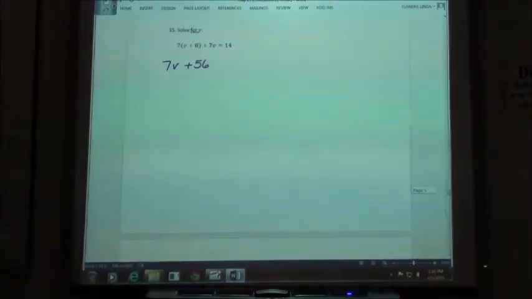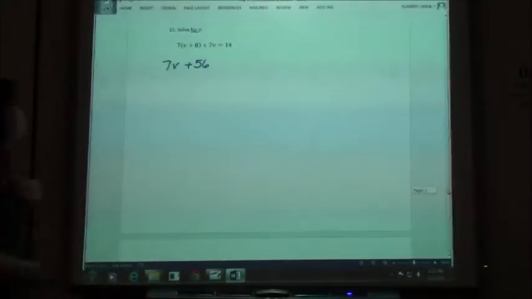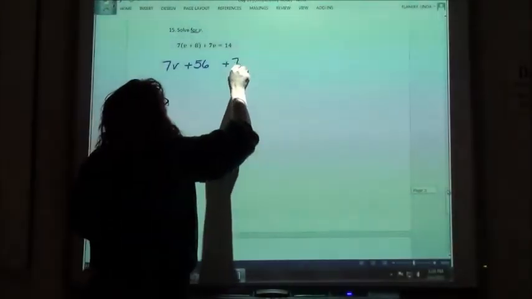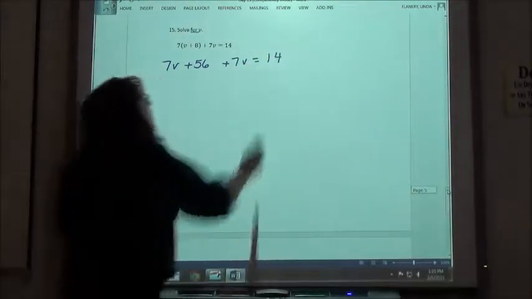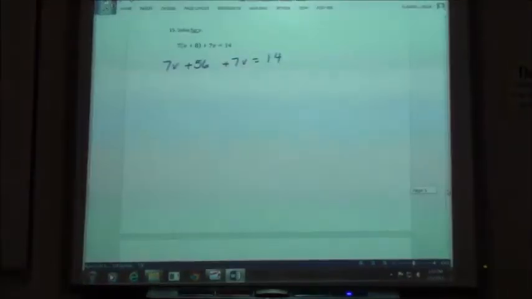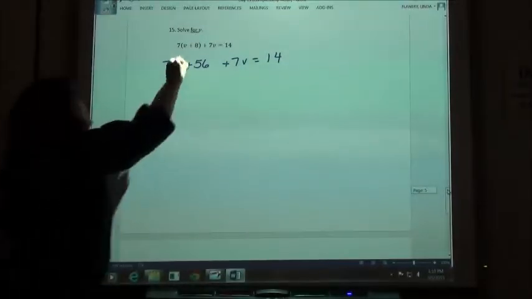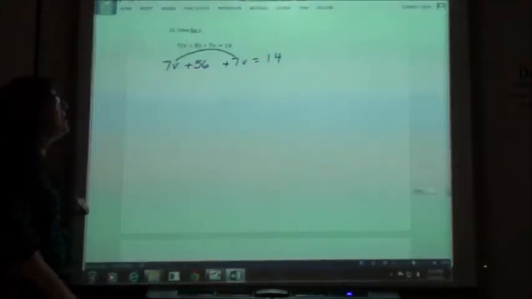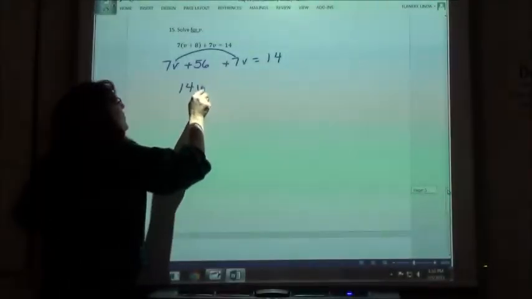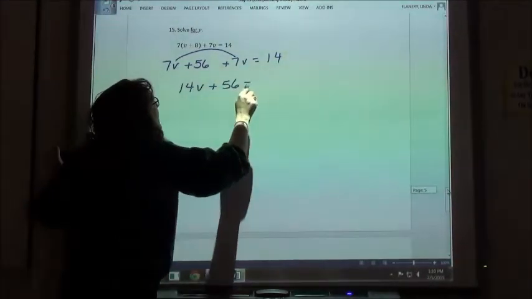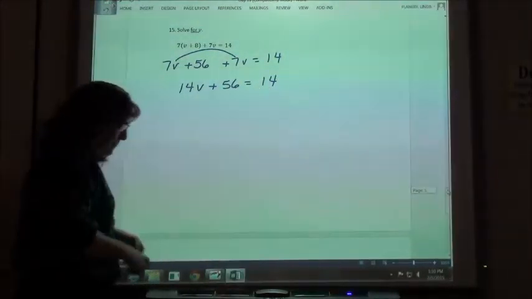So 7b plus 56 plus 7v equals 14 then. Then we're going to combine our like terms. So 7v plus 7v is 14v plus 56 equals 14.